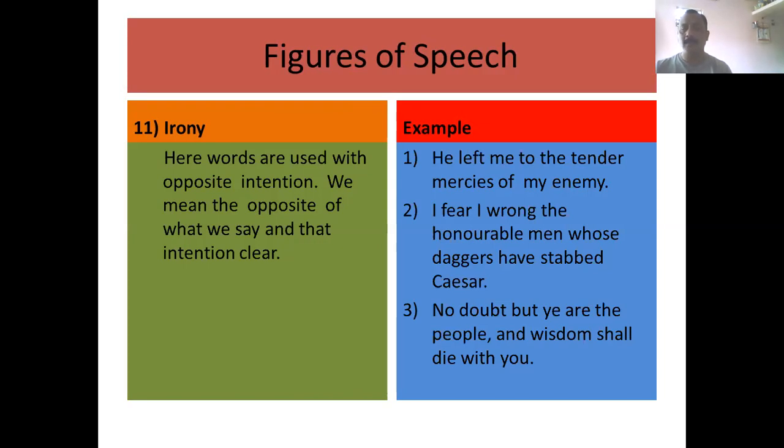It means when the people die, the wisdom in the world will also be finished. Such an idea is used by the poet here. Actually, people are not wise and do not have wisdom, but the poet is saying it like this. At that time it is also called irony.